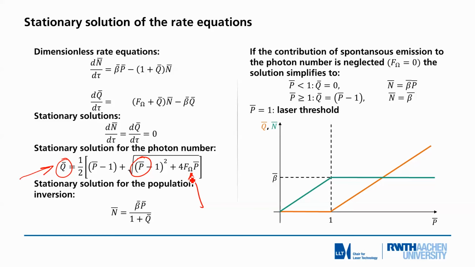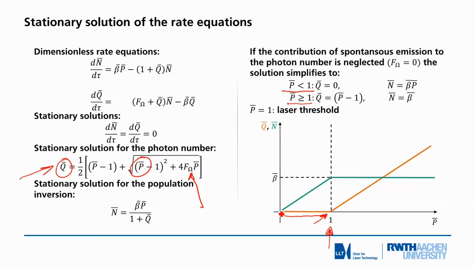Now, if we analyze the equation and solve it, we find 2 cases, one in which p is small compared to 1, and one where p is larger than or equal to 1. Then we get different parts in the solution which contribute to the value of q, and this is displayed here. So it turns out that at p equals 1 we will have the laser threshold. So for values under the threshold we will have a 0 photon density in the beginning.